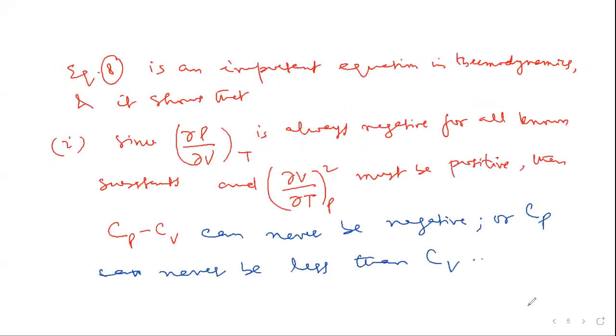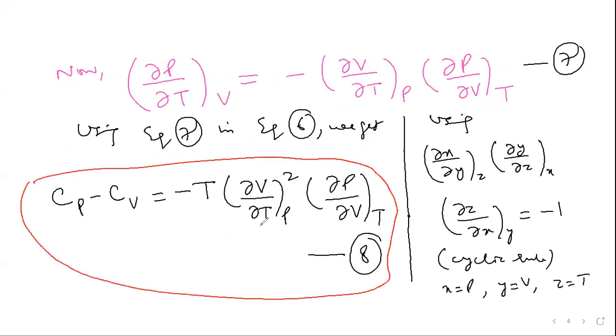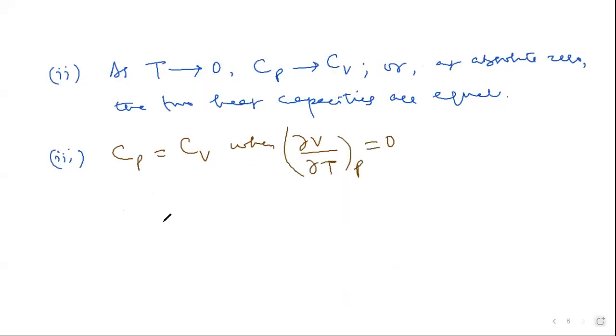If this derivative is zero, then Cp minus Cv is zero, Cp is equal to Cv. When that happens, that means at constant pressure, by changing the temperature, volume will not change. That is the meaning of this derivative equal to zero.